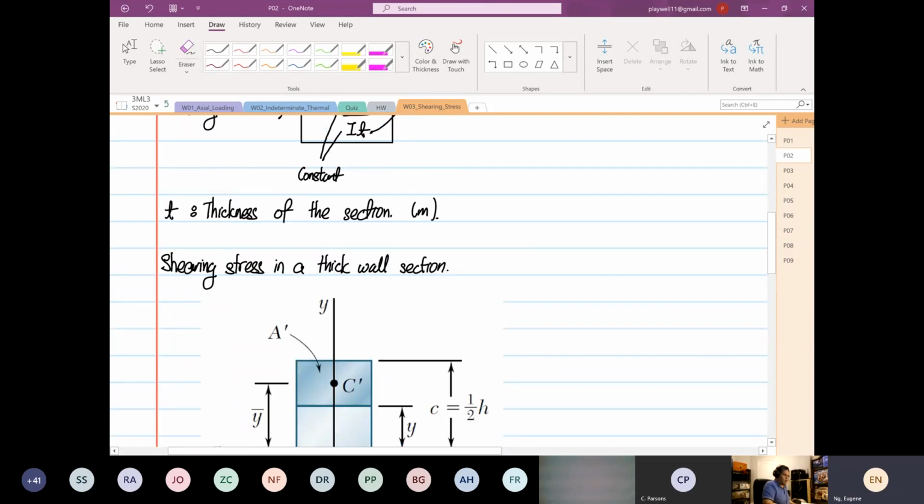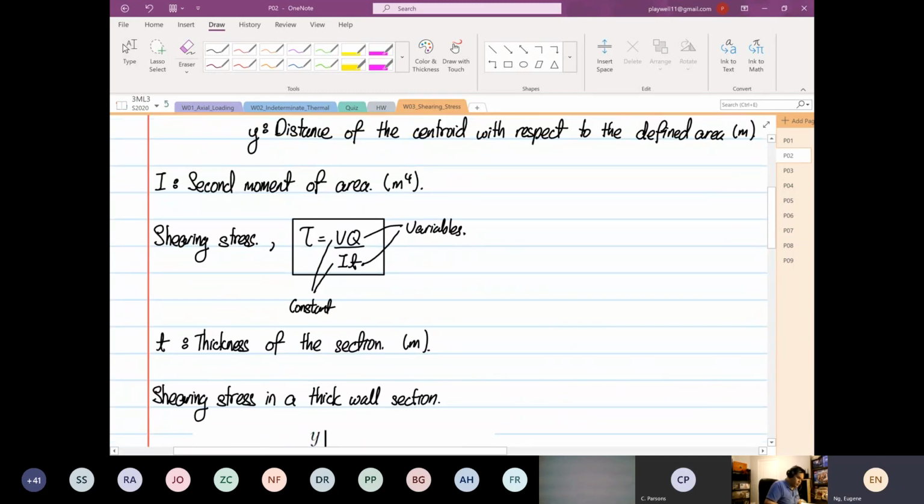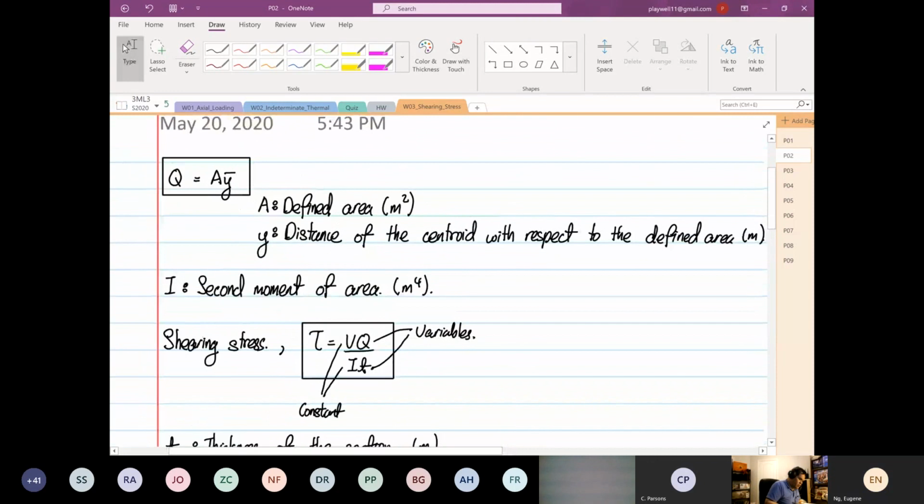Okay, now just now the question was good. The first moment of area Q is basically the area multiplied by the centroid distance. The second moment of area over here is basically the resistance to bending.